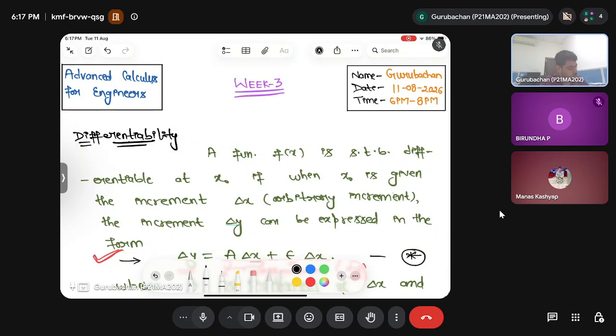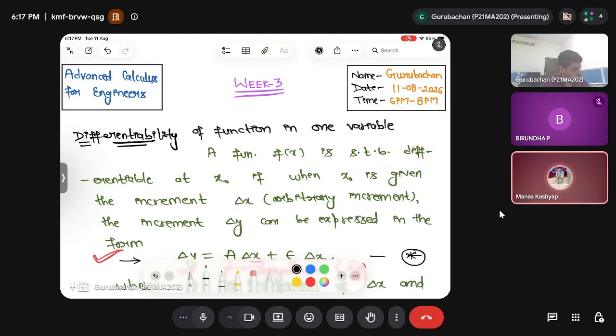Any guesses? On the left-hand side there is the dependent variable, like delta y, and on the right-hand side there is a constant a, which is the derivative, multiplied by delta x. So in two variables there will be a delta x plus b delta y plus epsilon 1 delta x plus epsilon 2 delta y. Correct.